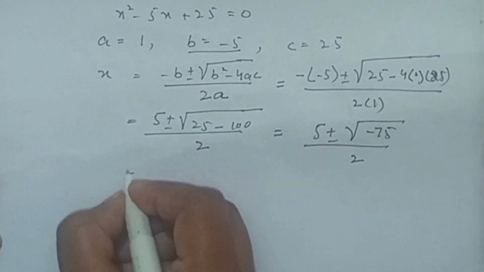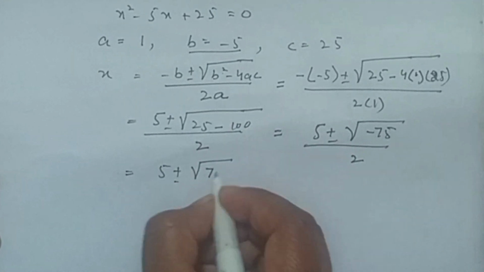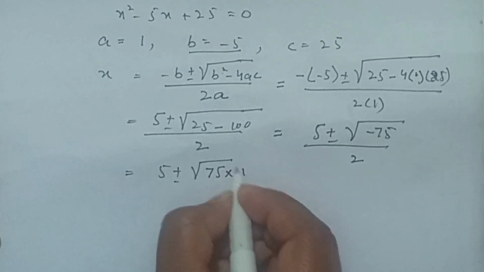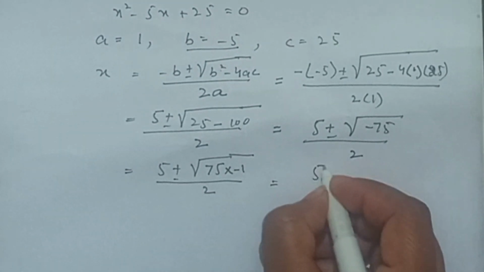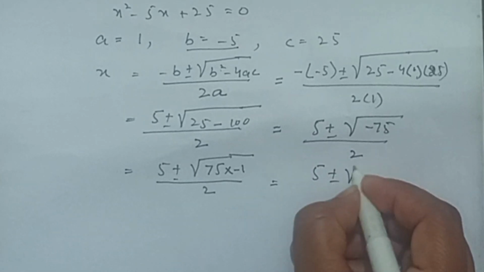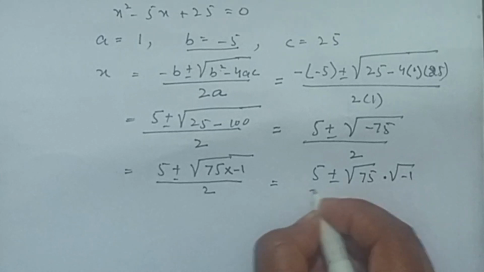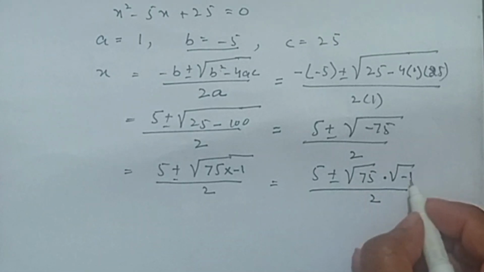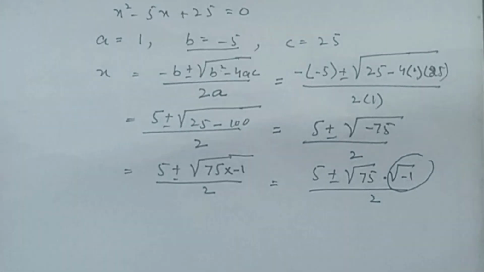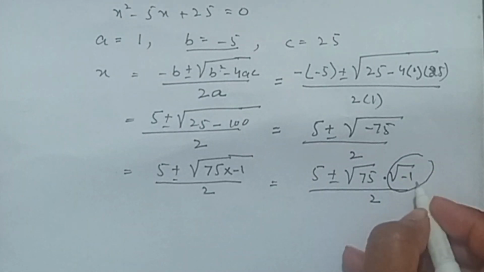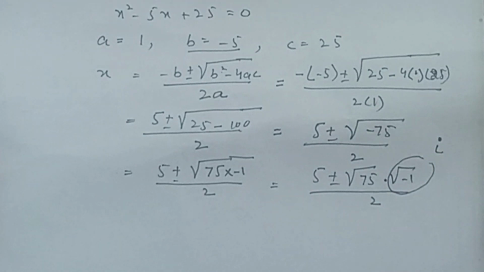Now we write this as 5 plus minus square root 75 multiply minus 1 over 2. This is equal to 5 plus minus square root 75 multiply square root minus 1 over 2. And we know that square root minus 1 is equal to iota, which is a complex number.